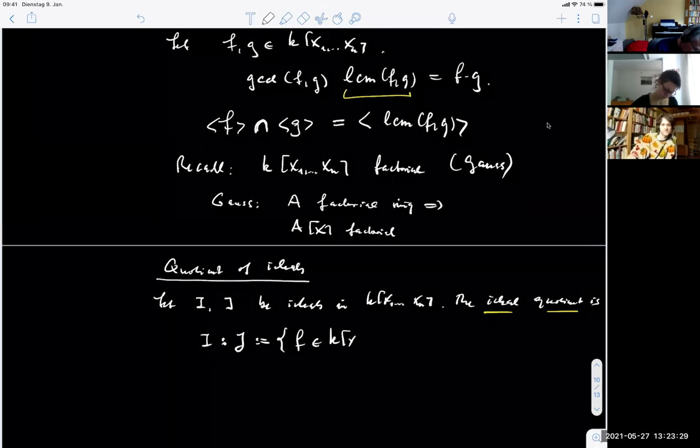It is the set of f with the property that for any g in J, if I multiply with f, then I end up in I.